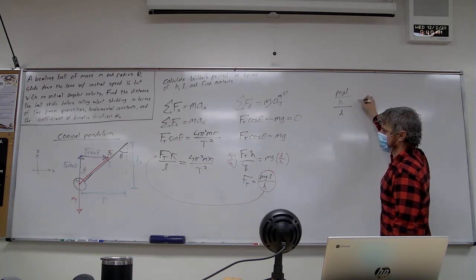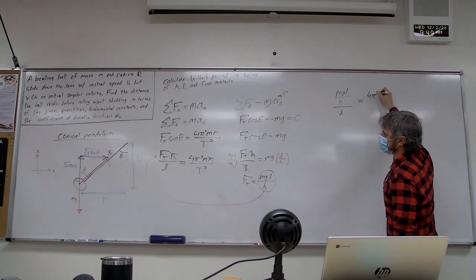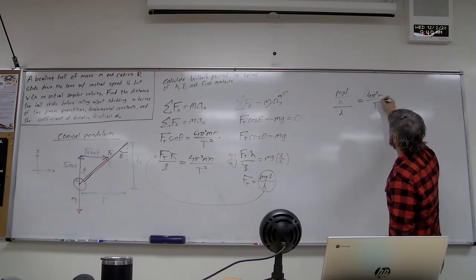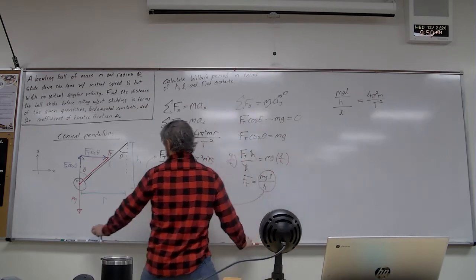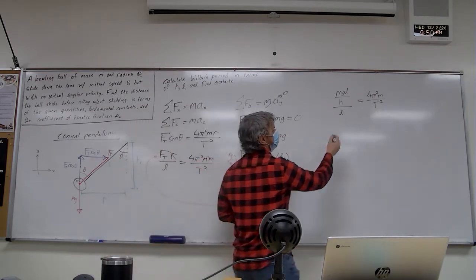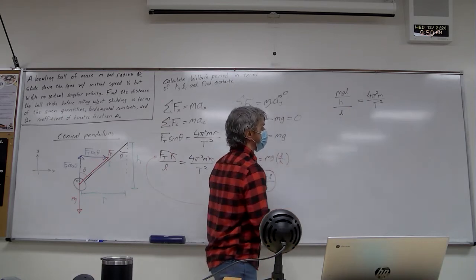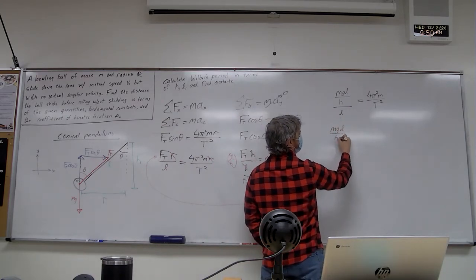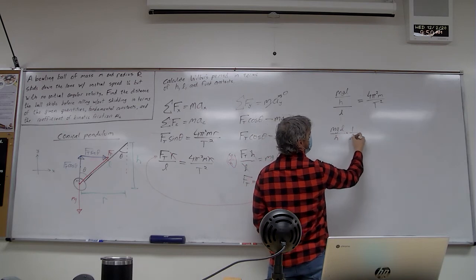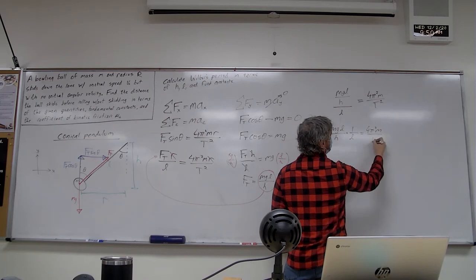And so that's going to equal what I have on the right side, which is 4 pi squared m over the period squared. Well, remember, this is a compound fraction. I can put it over 1. So I flip the guy and multiply. So I get mg times L over H times 1 over L equals 4 pi squared m over the period squared.